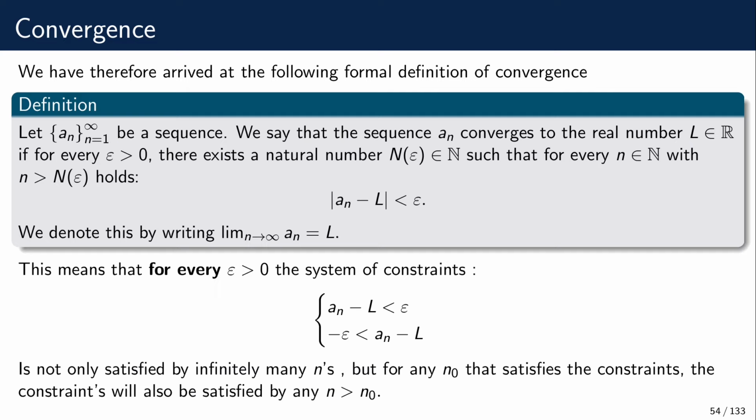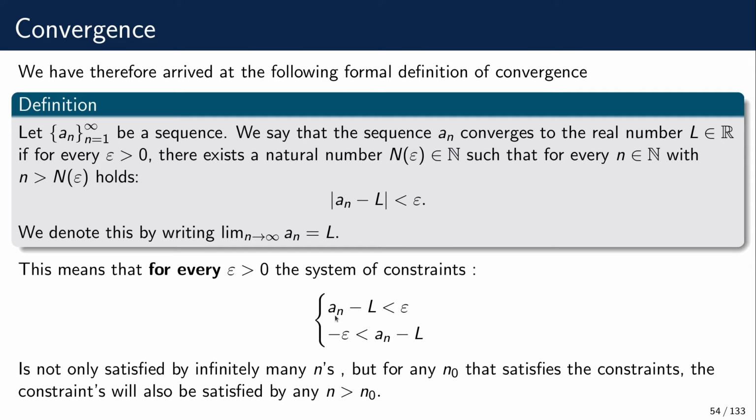Now, here specifically, we need to think of this again as when we will be proving by definition that a certain number is the limit of the sequence. So a simpler way of seeing this, because sometimes I know that this absolute value makes things more complicated for the students, is that this means that for every epsilon, two constraints are satisfied, right?